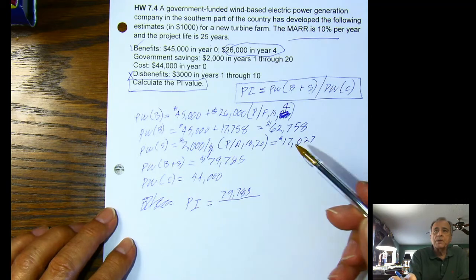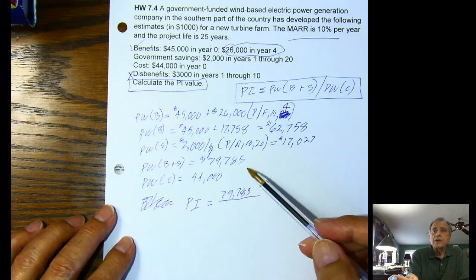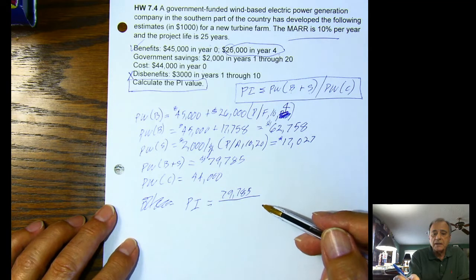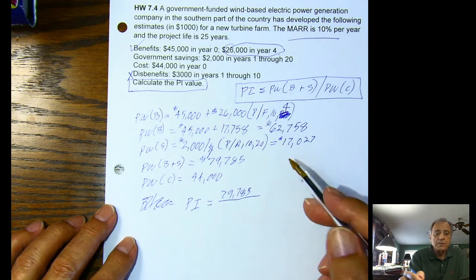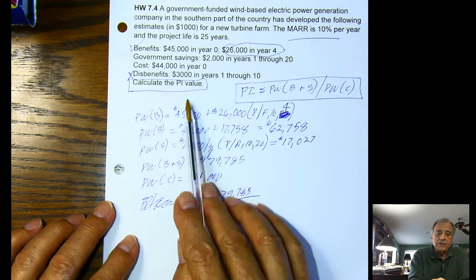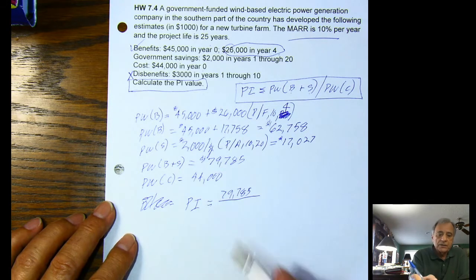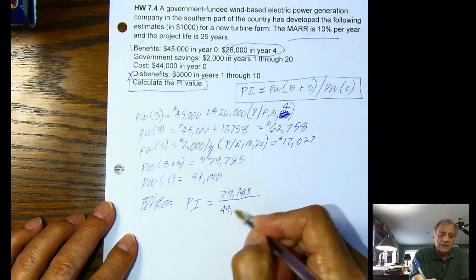If we were doing a benefit cost ratio, it would go into the denominator as a cost. But when you're using profitability index, it's kind of like the modified benefit cost ratio. The only thing in the denominator is the initial cost. So in this case, it's $44,000.